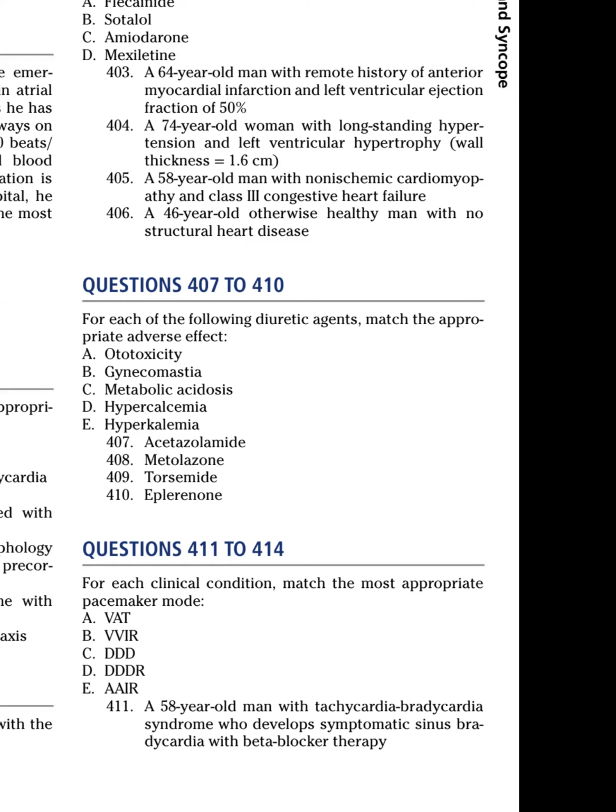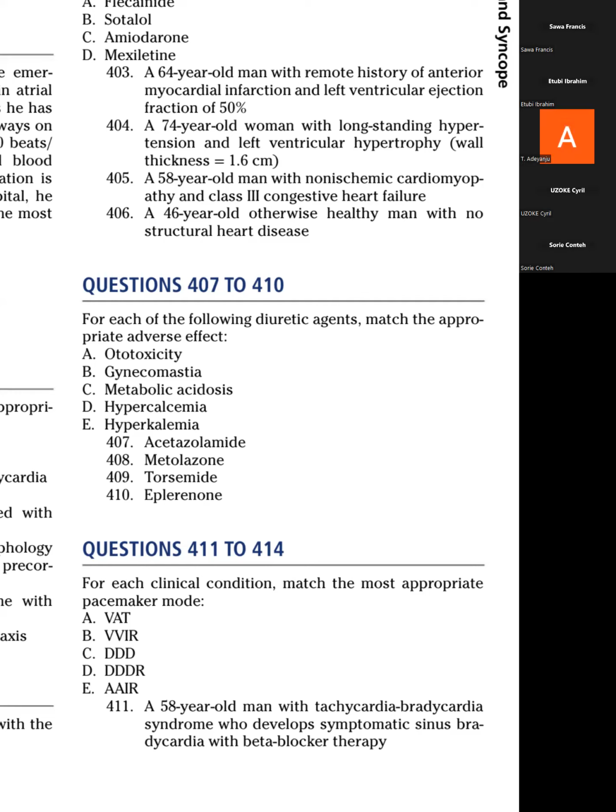So in this type of patient that has a sinus node dysfunction, already having a risk for an atrioventricular block, you will need a dual chamber pacemaker that also has a capacity for rate modulation.